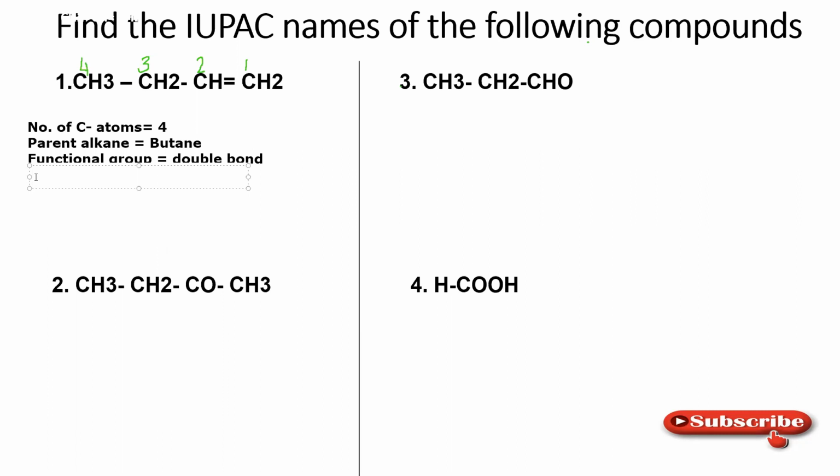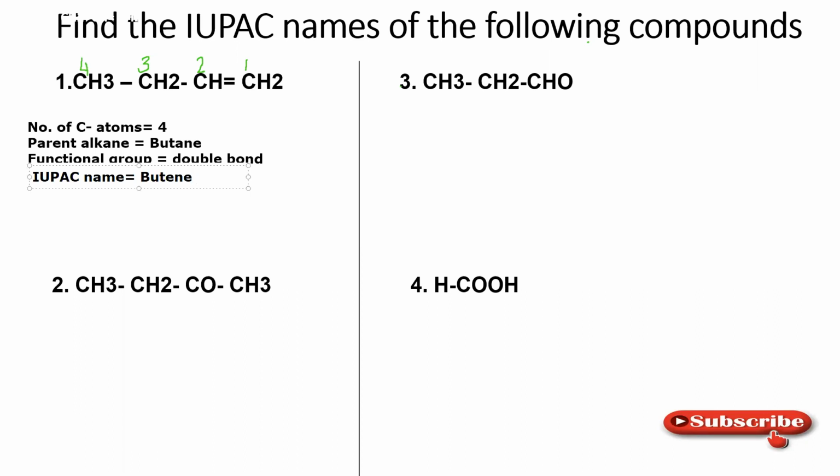Here it is present on the first carbon, so no need to mention. We can write the IUPAC name as butene.